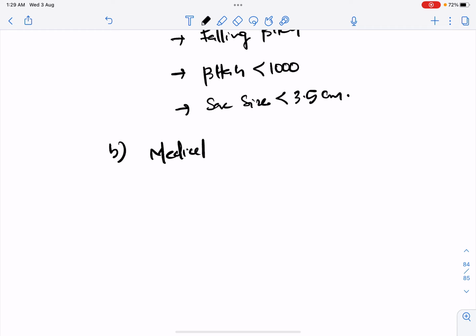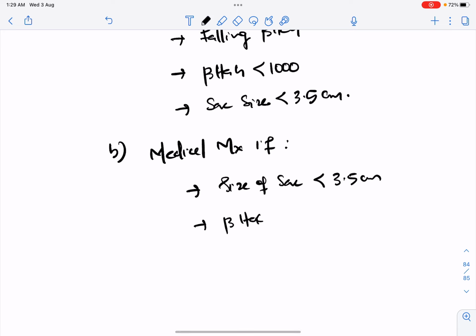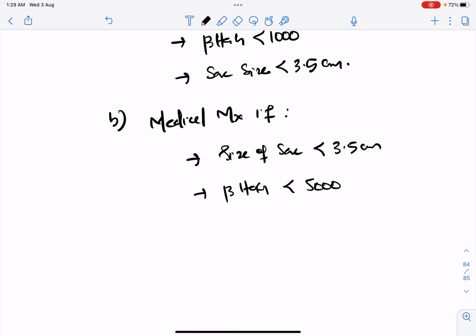Now let's see the criteria for medical management. We have to follow medical management if the size of the sac is less than 3.5 centimeter, the beta hcg value is less than 5000, there is no fetal heart sound, and the patient is hemodynamically stable.